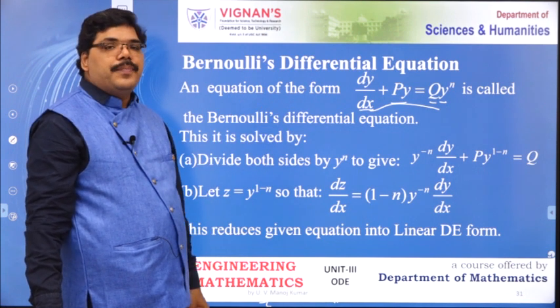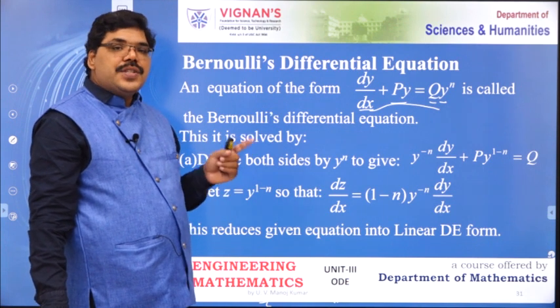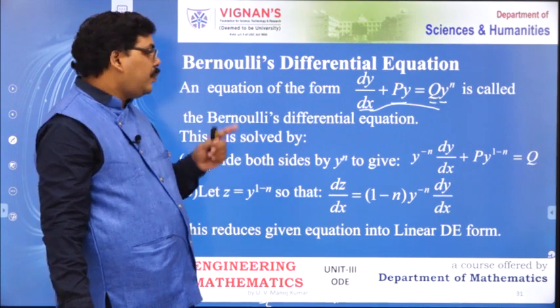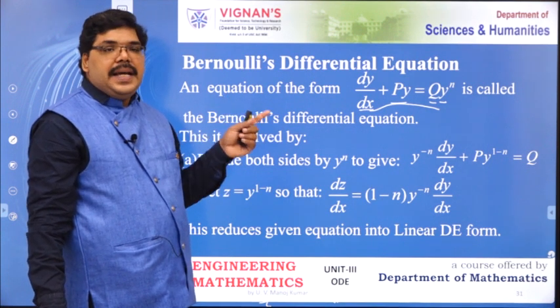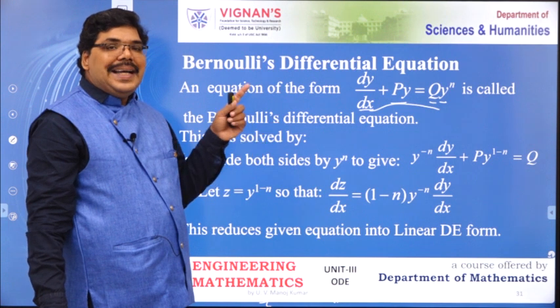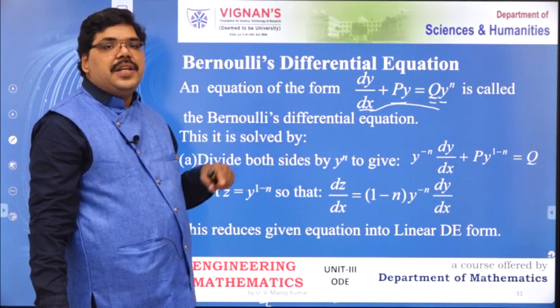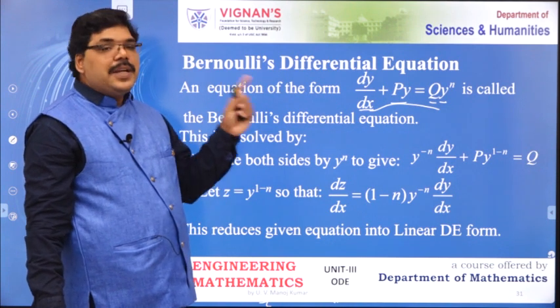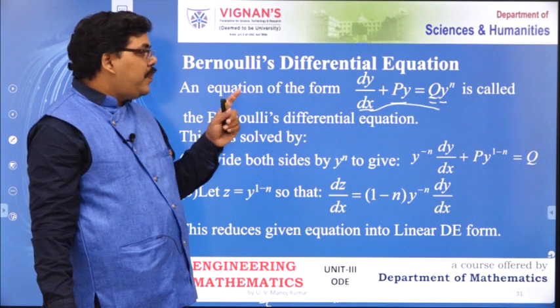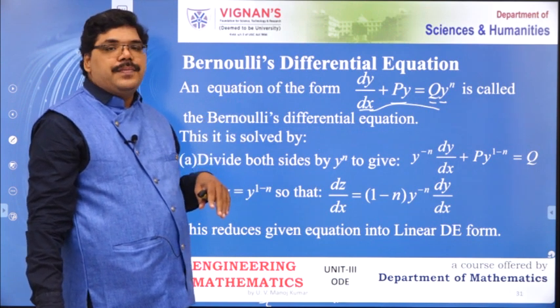What are p and q? P and q are functions of x. On the right hand side, y power n is there, which is the extra entry if you compare with the linear differential equation. So, if you consider n equals 0, y power 0 is 1, so this reduces into linear equation.